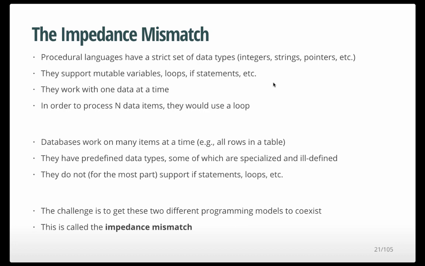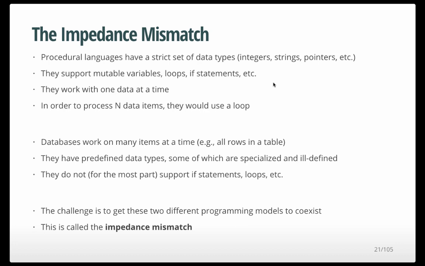And by the way, I want to point out that it's not just the fact that the models are different. It's that databases work on many items at a time because of efficiency. You don't want to read the first item, which is in some disk block, and then the second item, which is in a different disk block, and just keep going like that without thinking about reusing as much as possible each disk I/O, so that you get a lot of tuples processed for each disk I/O.